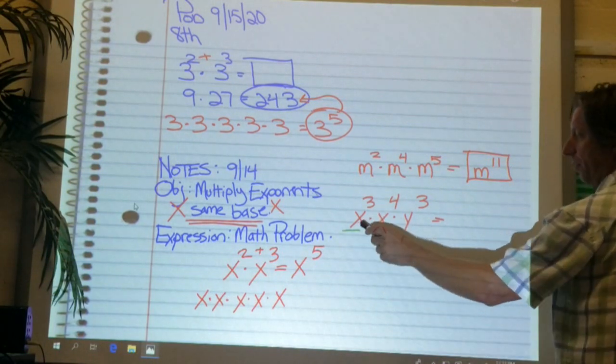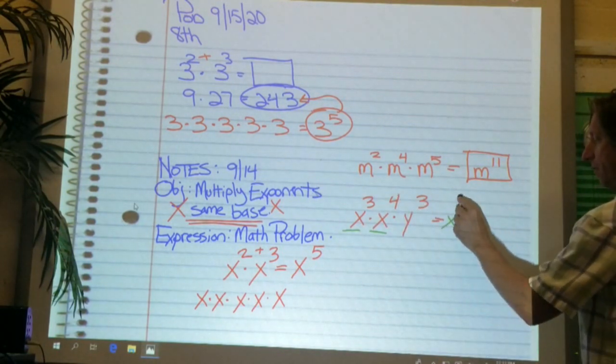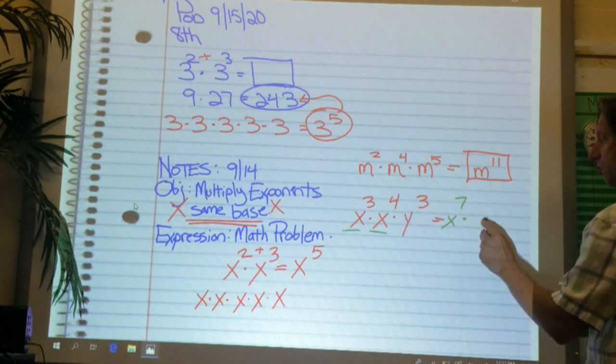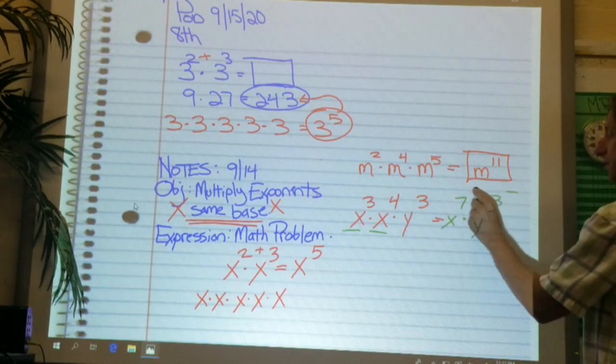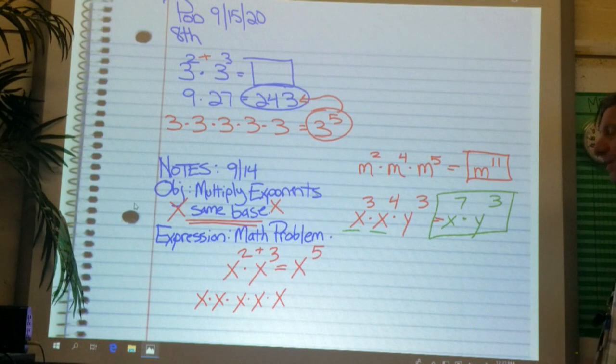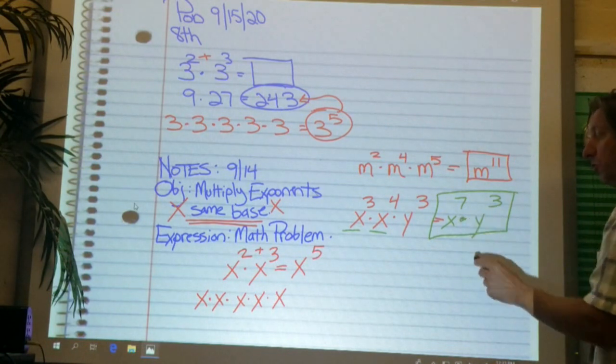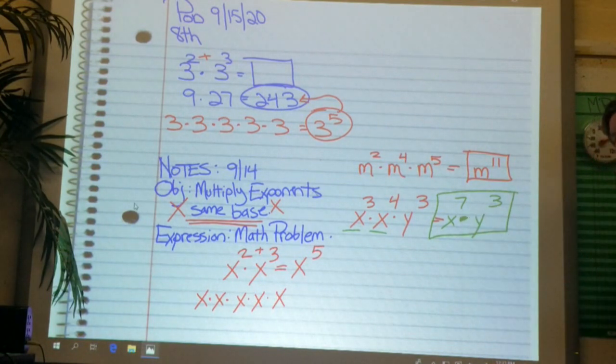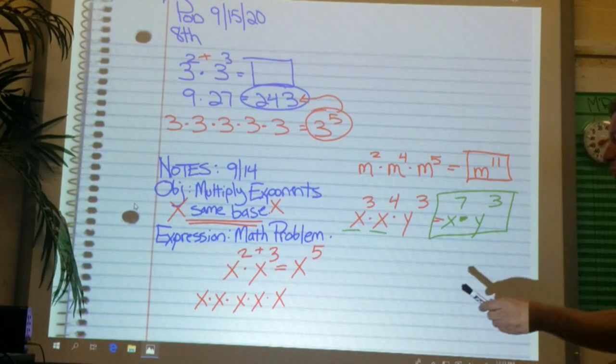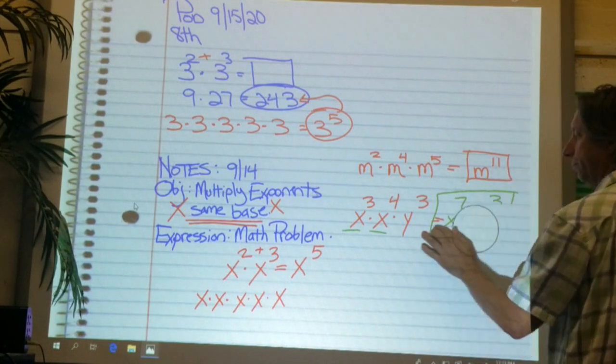So x to the 3rd and x to the 4th, that's x to the 7th. And then this just stays the same, y to the 3rd. This is my answer. It may still seem like a math problem, which it is, but it's a simplified version of that expression, okay?